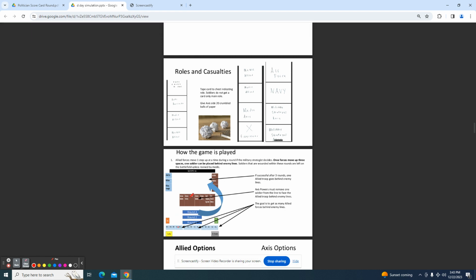Let's just say this individual strikes this one, and that individual is out for this portion. By the end of 3 rounds, the likelihood of all of these Allied forces getting to 3 steps is very high. Once that happens, one of these individual students will be placed behind enemy lines.